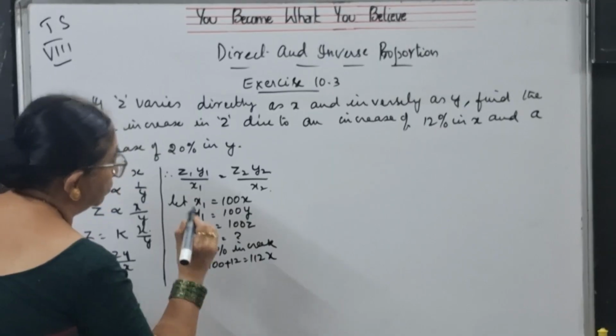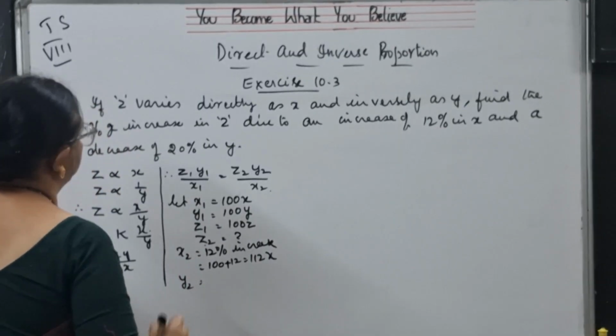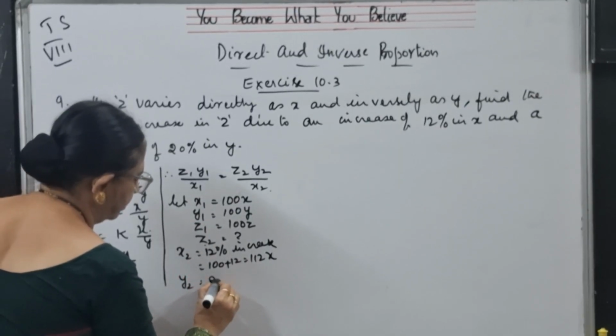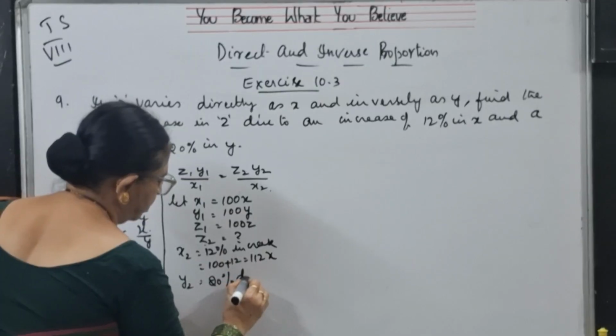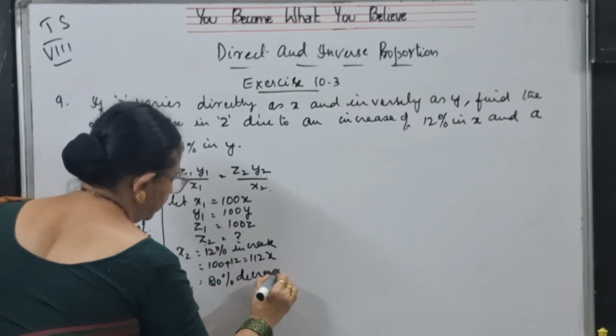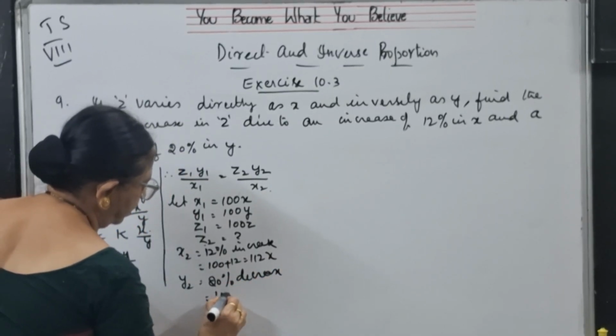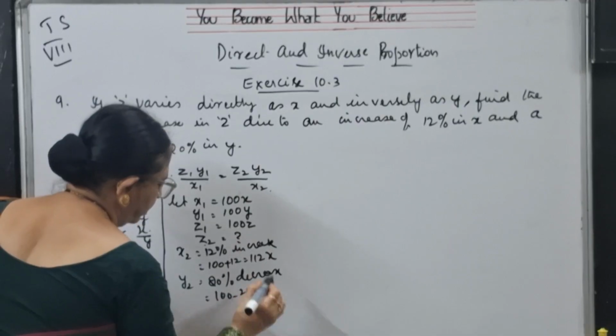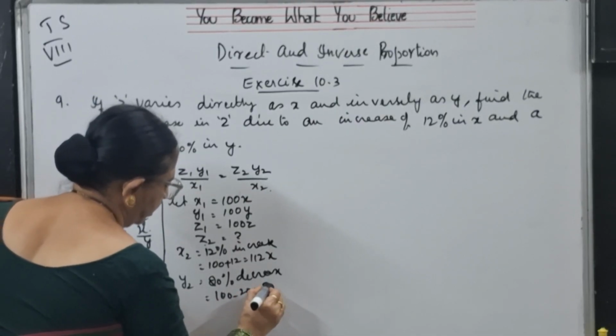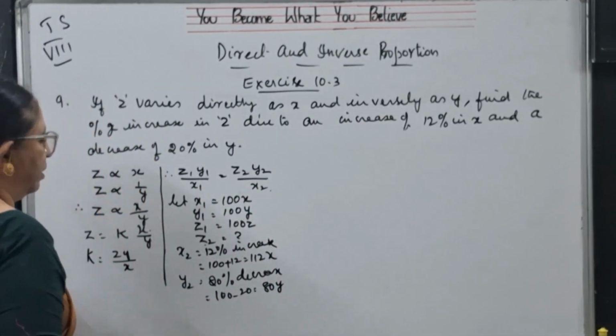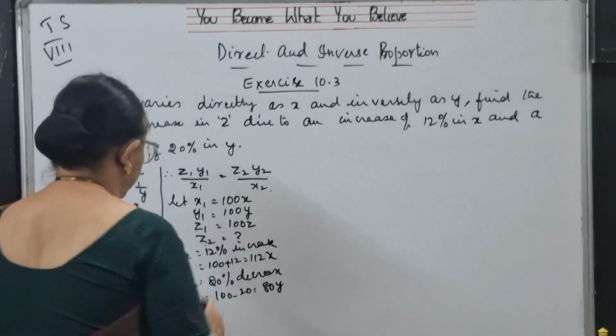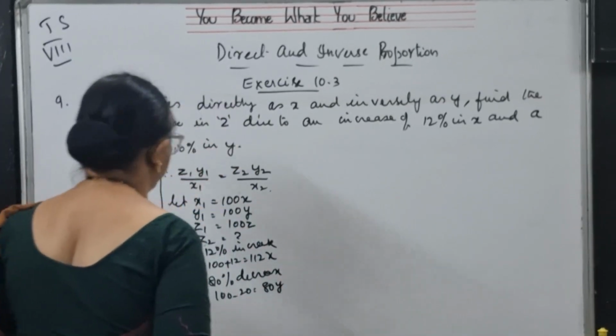What is y2? Y2 is a 20% decrease, that is 100 minus 20, that is 80y. Now z2 we need to find out.